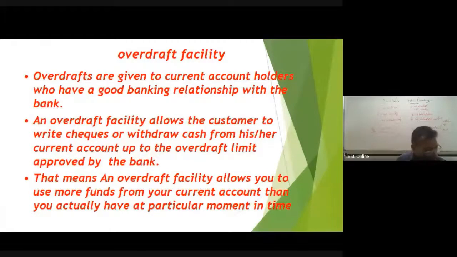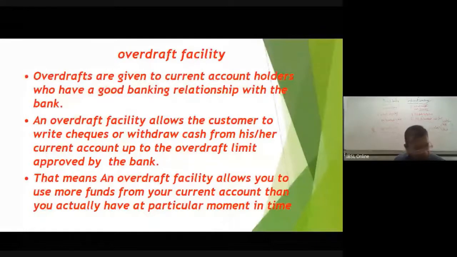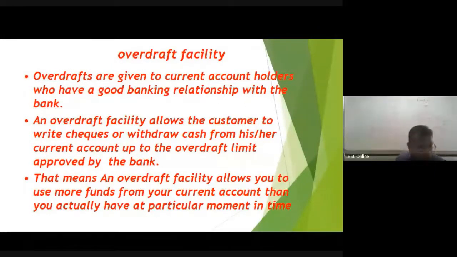Second small point: this is provided purely on the discretion of the manager. Now that is what you call casual overdraft.